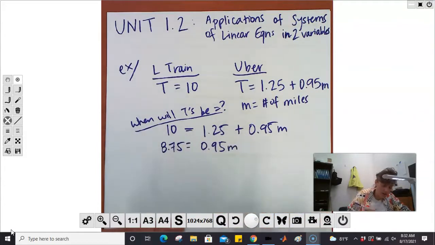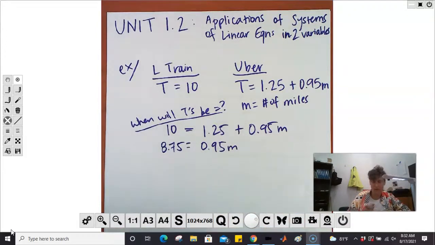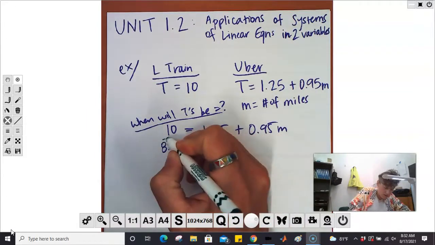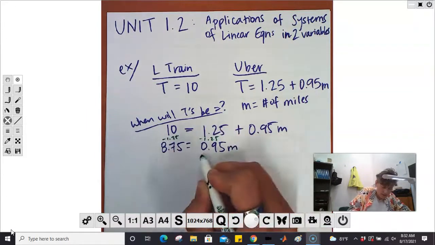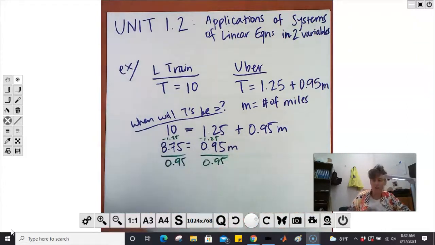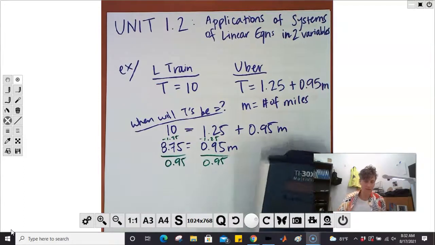We'll divide by 0.95 on both sides, which I can assure you I don't know the answer to off the top of my head. I'm just going to write that we did 8.75 divided by 0.95, which should be somewhere in the neighborhood of 9-ish is my guess, because we're dividing by a little bit less than 1.